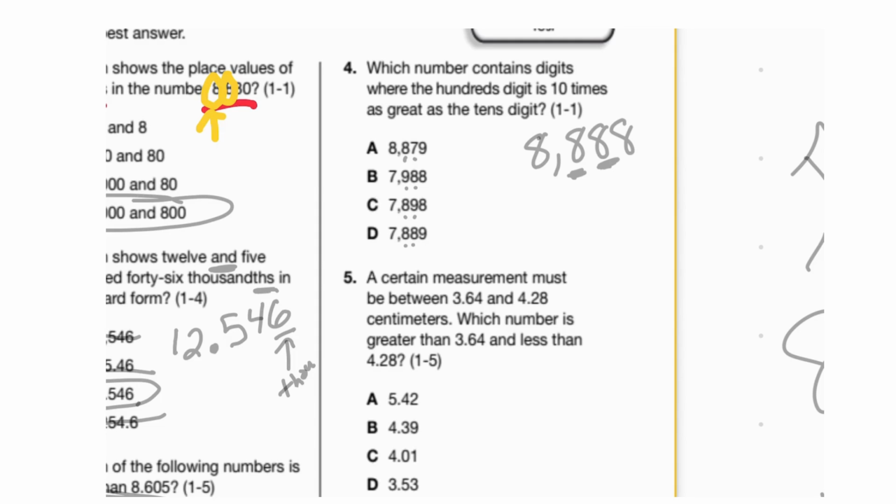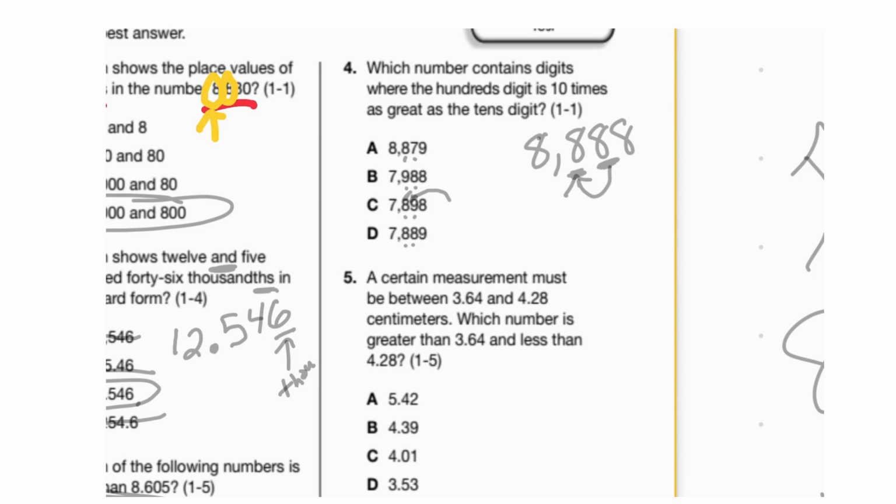So it would have to be the same number to be 10 times greater, because 10 times greater than 8 tens would be 8 hundreds. If we had 10 times greater than 9 tens, I apologize, 10 times greater than 8 tens, with the TH, would be 800.